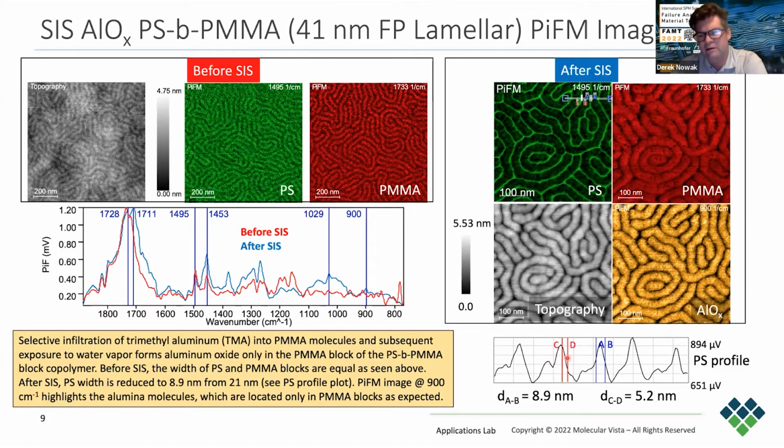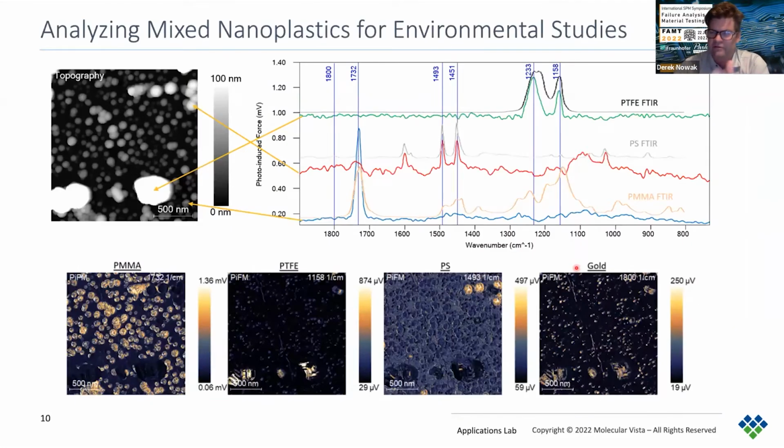So what we find in comparison to the topography is that the PiFM imaging is actually higher resolution. And this is partly just because of the antenna effect of the light, how it focuses on the end of that tip, re-radiates, and it's tighter focused than the end of the probe itself.